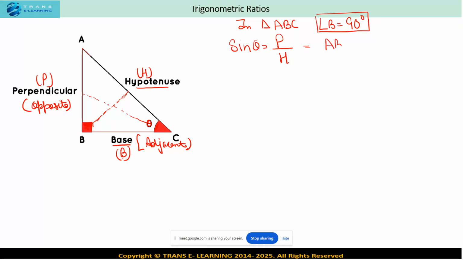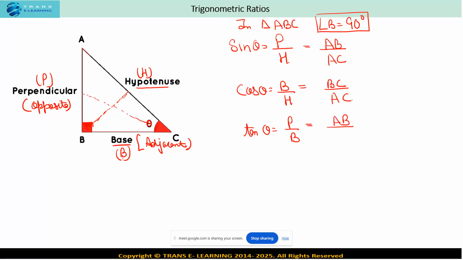Perpendicular is AB and hypotenuse is AC. Then cos theta is equal to base upon hypotenuse. Base is BC here, hypotenuse is AC here. Then we have tan theta. Tan theta is perpendicular upon base. Here your perpendicular is AB and your base is BC.